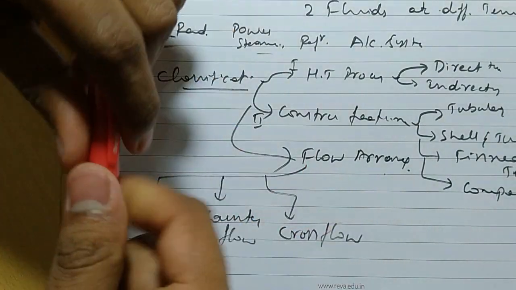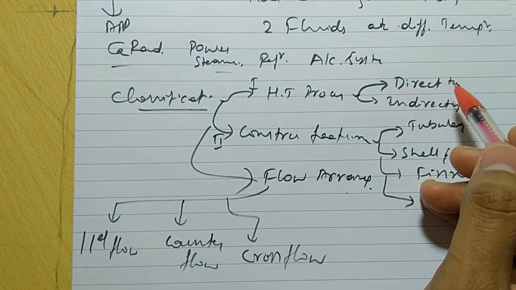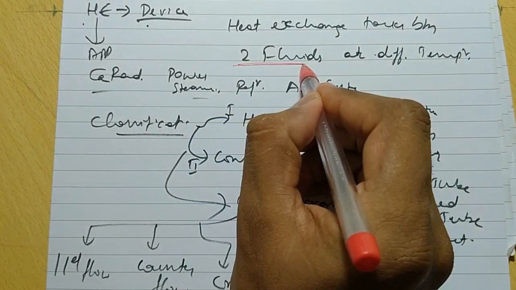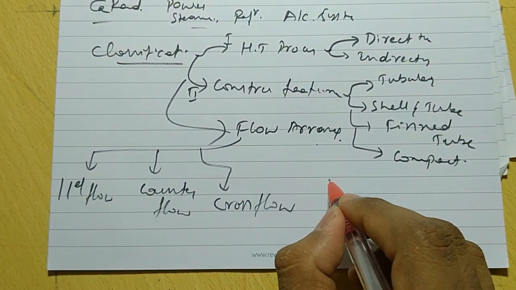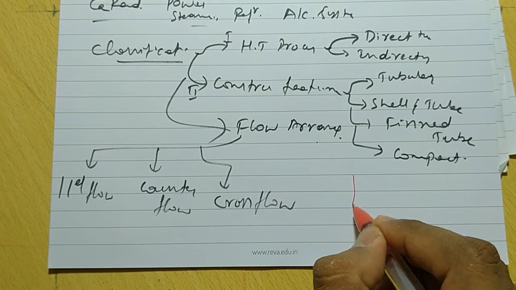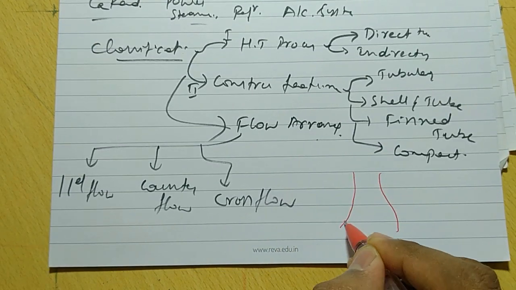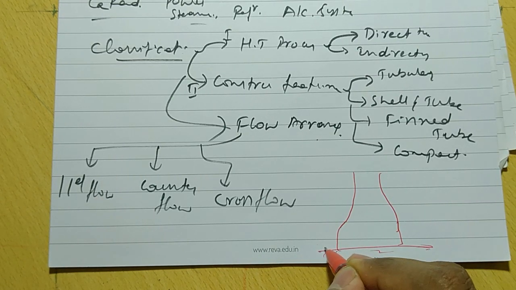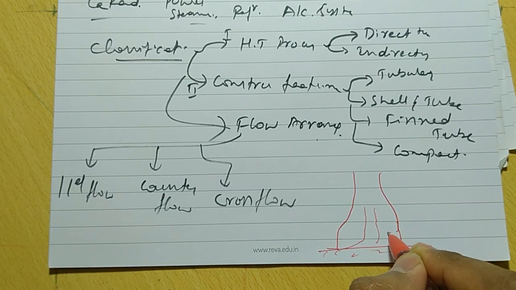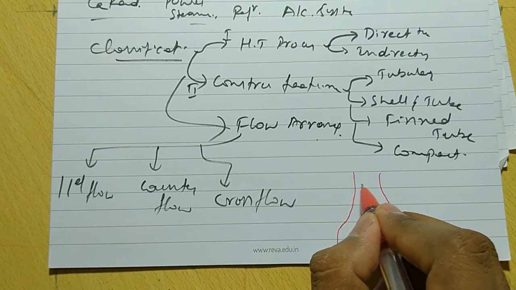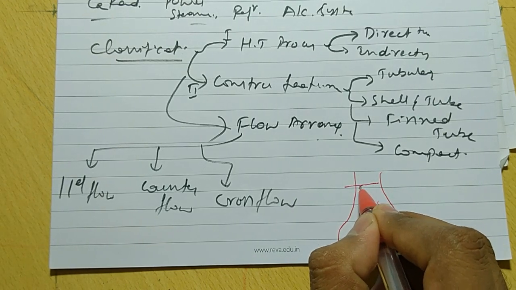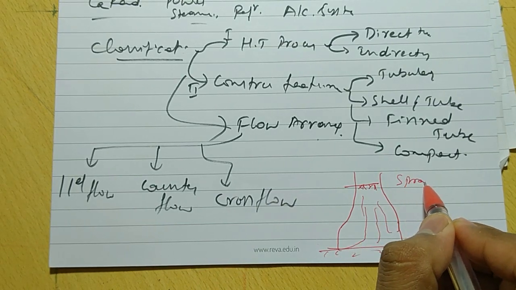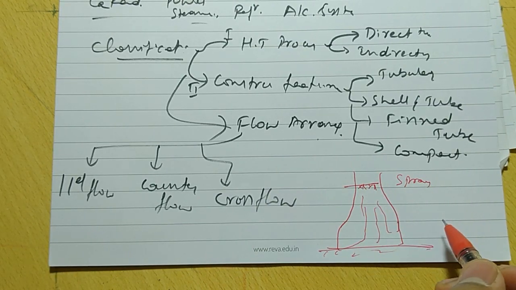Direct type means there is a direct contact between the two fluids. For example, in chimneys the hot gases are moving inside the chimney. At the top there are water sprayers, and water spray happens.